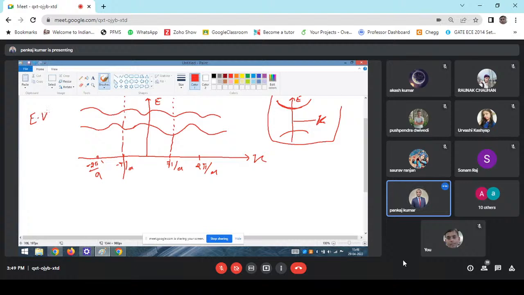The E-K diagram of semiconductors can be represented in three different ways. One is the periodic zone, another is the reduced zone, and the third is the extended zone.